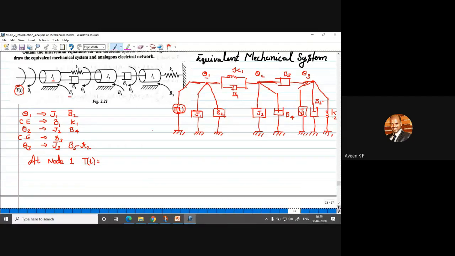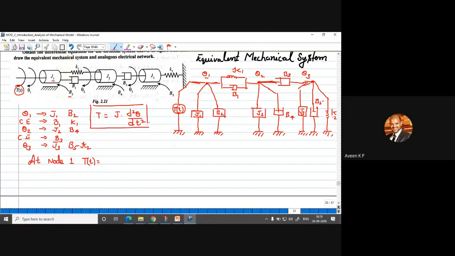On the RHS, under node 1, we have J1 inertia and friction B2. We know the torque due to inertia; the formula I will write here. The torque due to inertia is represented by J multiplied by d square theta by dt square. This is the formula that we have already discussed.